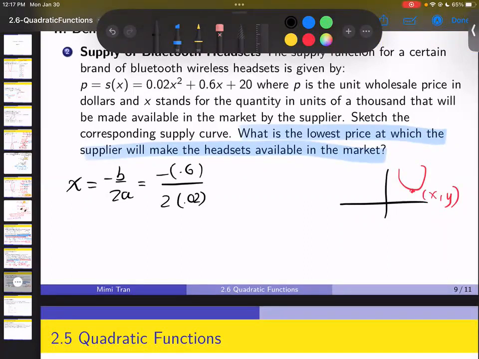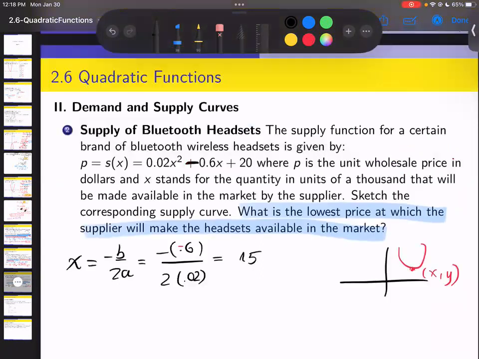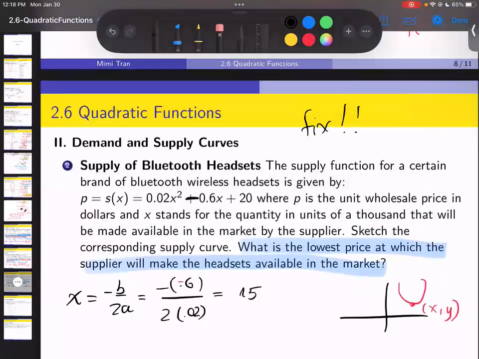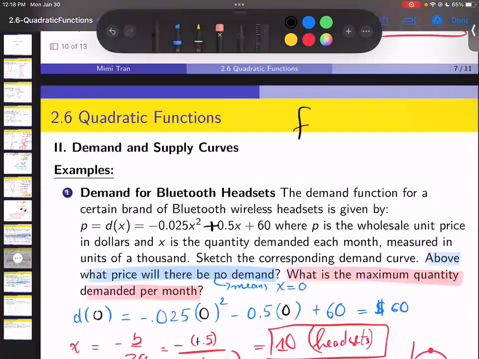I must have messed something up. I always do. Negative again. So equals, sorry, it's a slide. So X is 15. Sorry, I'm going to write it so I don't forget.